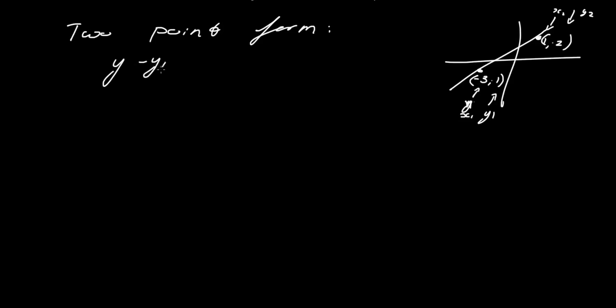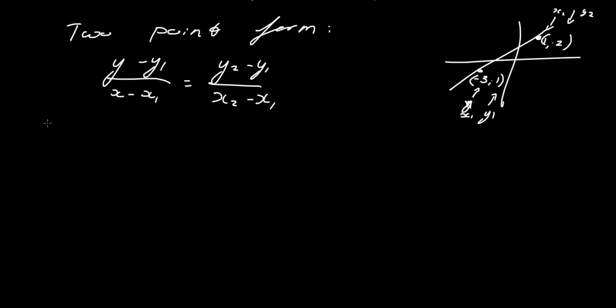Y minus y1 over x minus x1 equals y2 minus y1 over x2 minus x1. Okay? Yeah, there you go.